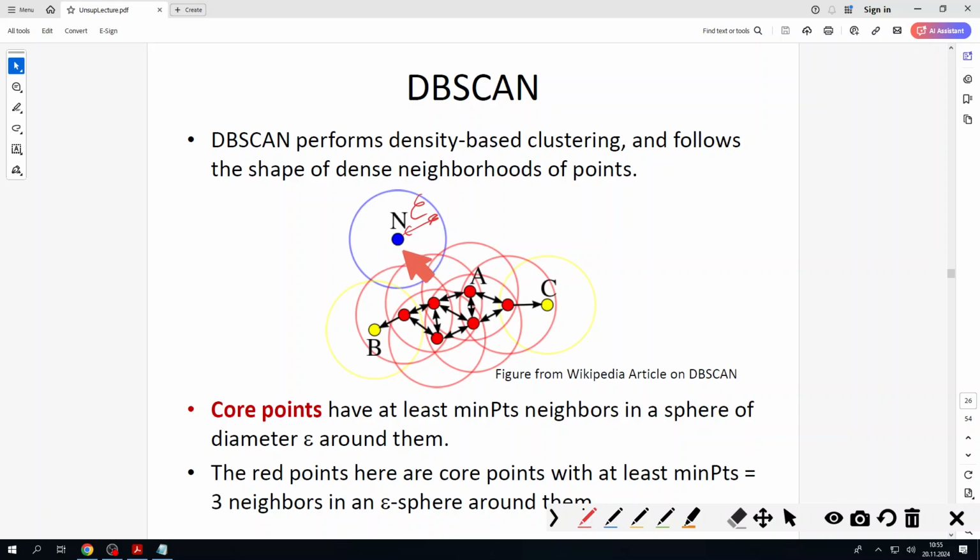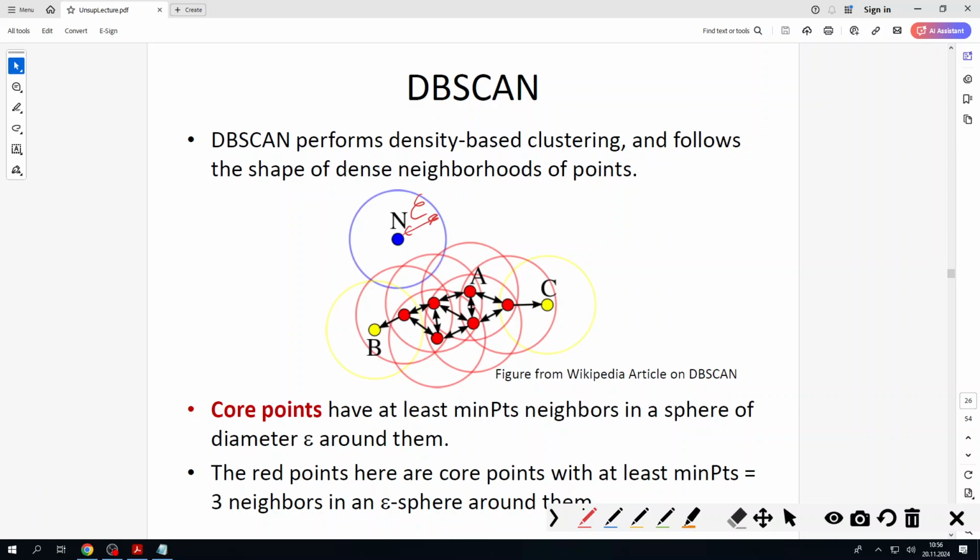So for this blue circle line, in this range epsilon, we only have one blue point. We don't even know if it's blue, red or yellow, we just know that within this range of epsilon from this point, there are no neighbors, zero neighbors.